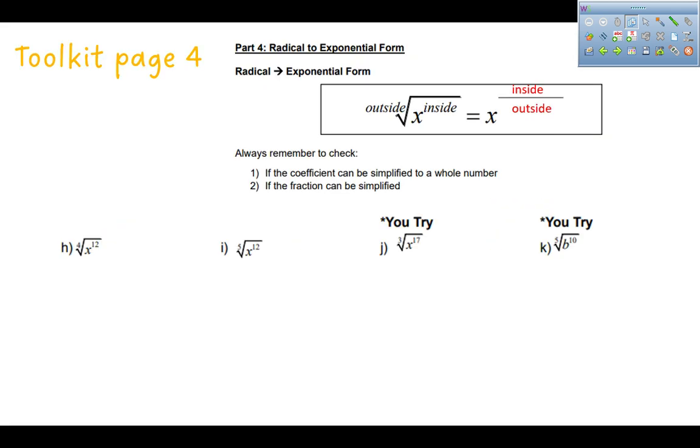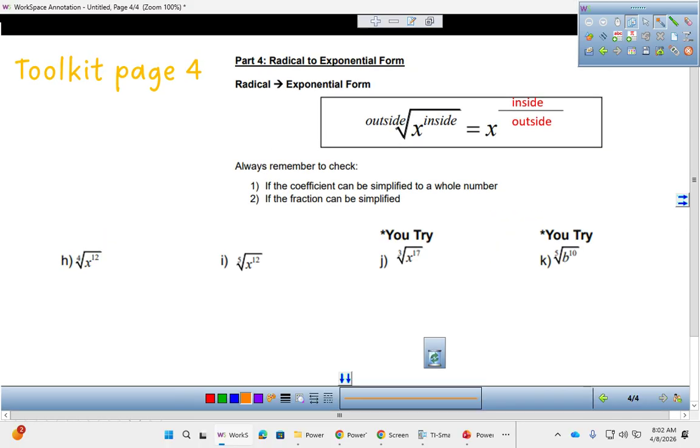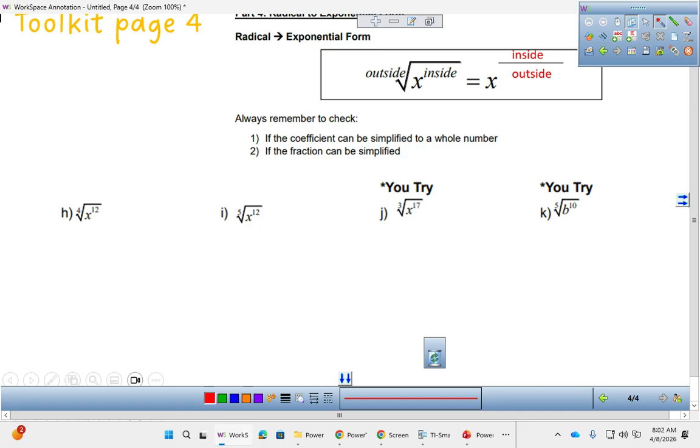All right. So we can do the same thing with variables. It's just we're not going to be typing anything into our calculator because with variables, the calculator doesn't know what x is. So my base here is 12. My inside exponent, my base is x. My inside exponent is 12, so that's my numerator. And there's my denominator.